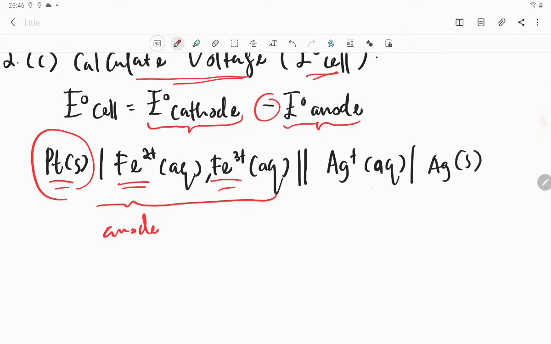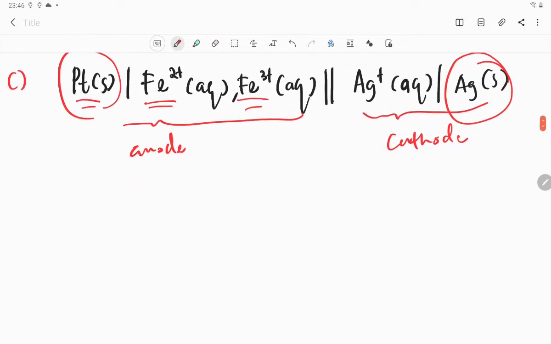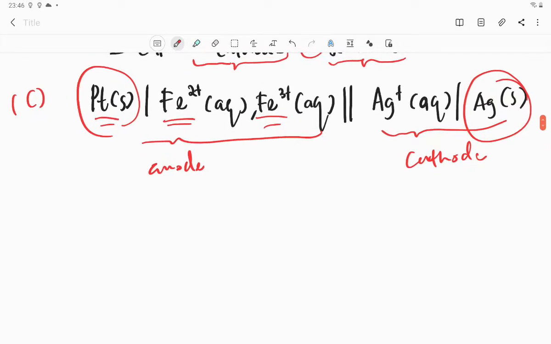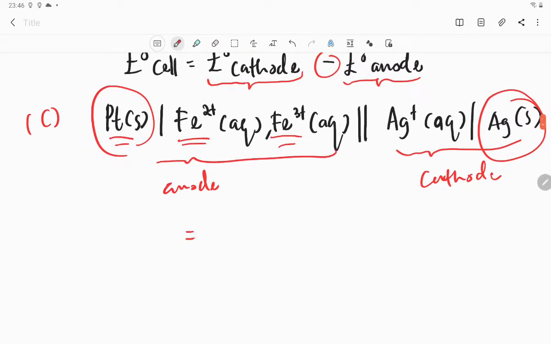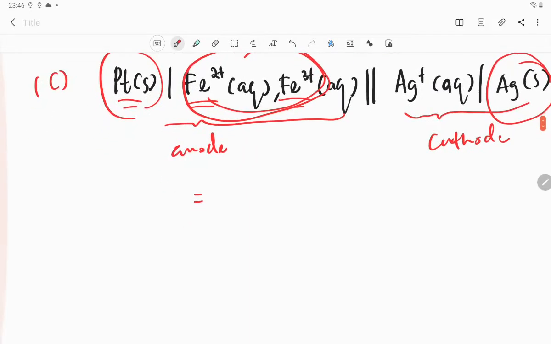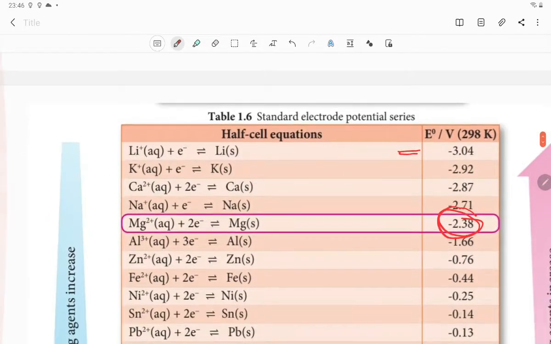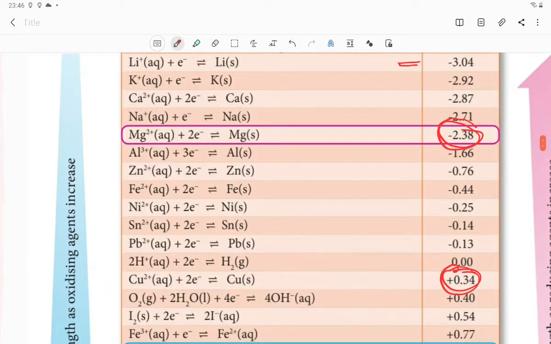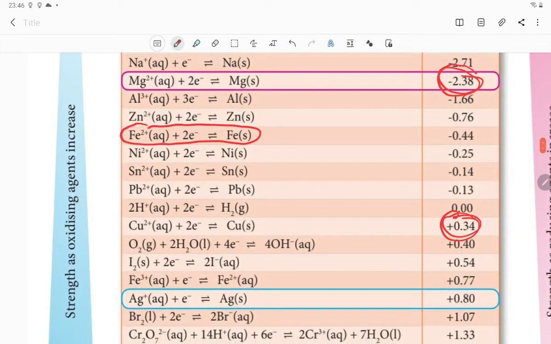But here will be your cathode. Okay, good, we use silver electrode. So easy. So how to calculate? First you have to look at the E° value of the iron. Okay, if students notice, in this series there are two irons, here, and also another one here.